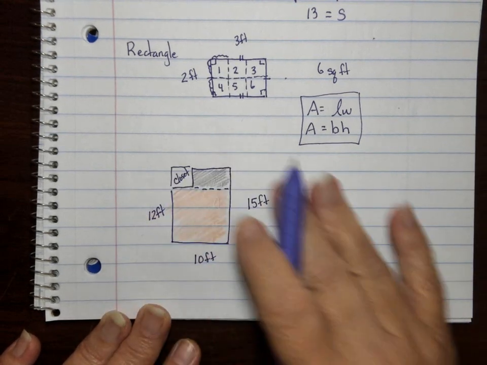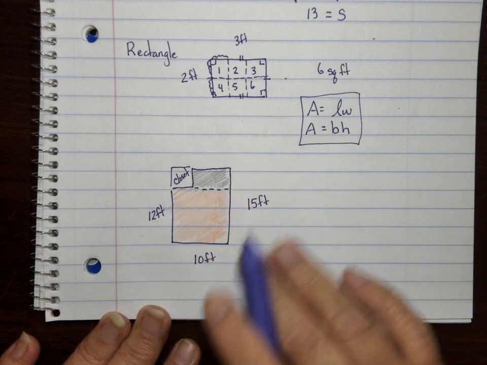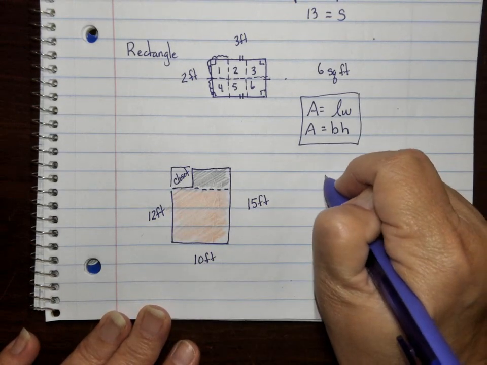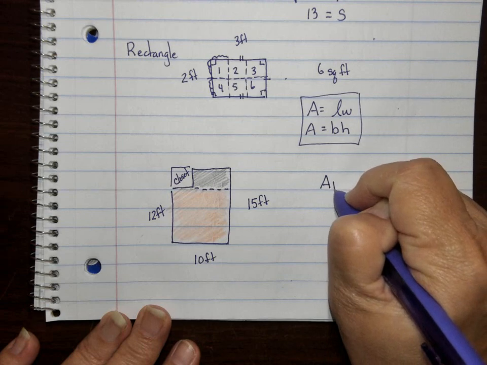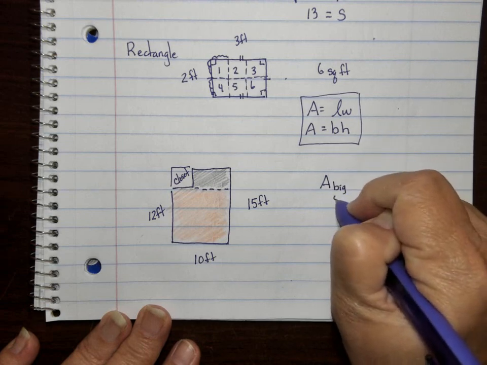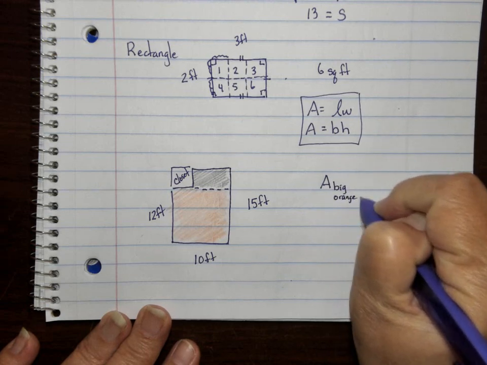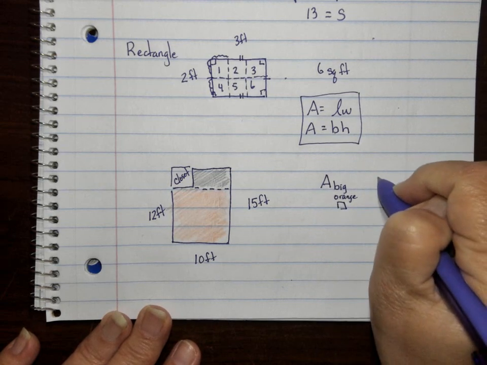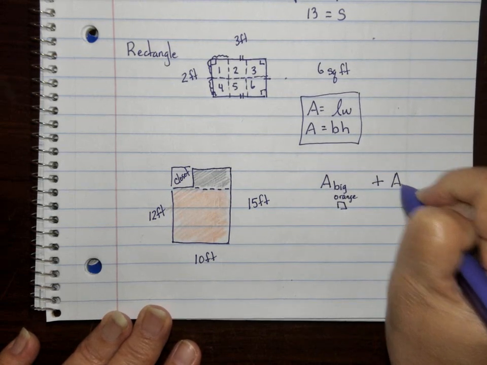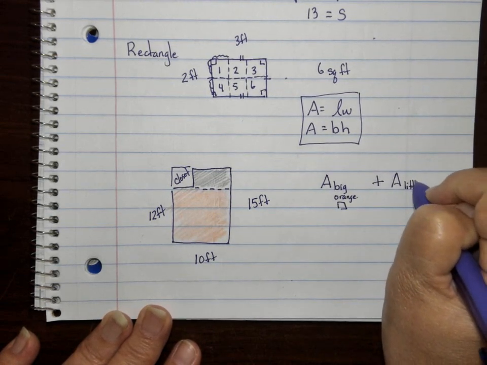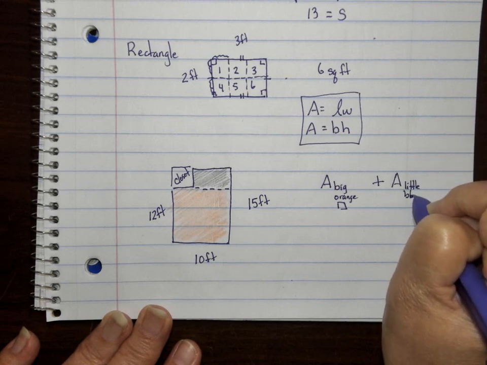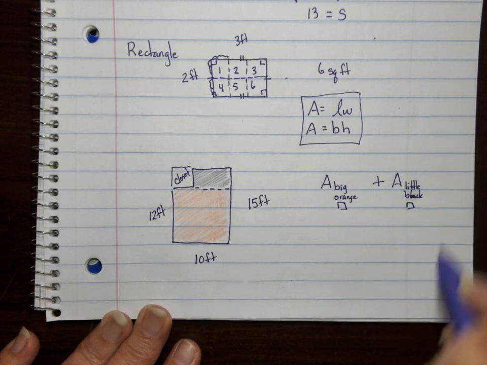So if I need to know the total area, if I need to know how much carpet, I'm going to find the area of the big orange rectangle, and I'm going to add it with the area of the little black rectangle.